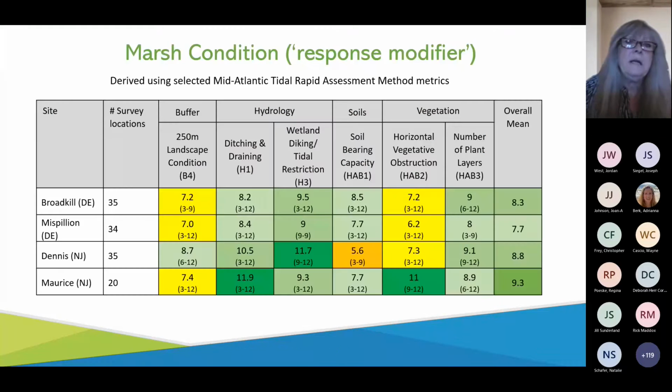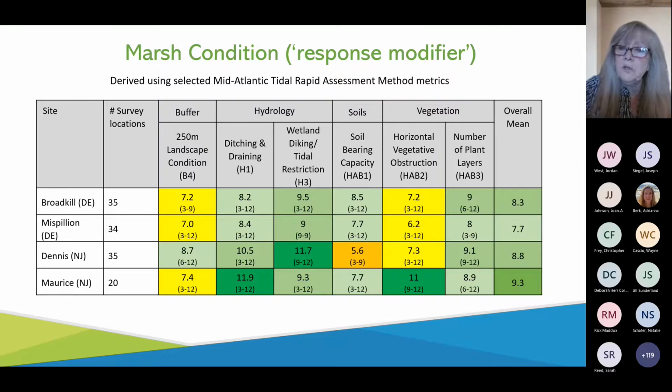relatively small. And finally, we come to marsh condition, where once again, we used condition results from MidTRAM. Those are already somewhat categorical. We took the responses and binned them as well and color-coded them. So the darkest green are the best condition results, and the yellow and orange are lesser condition.